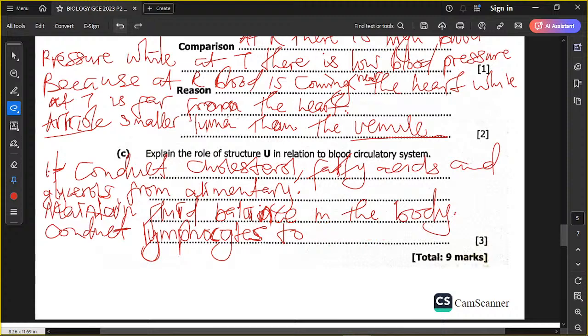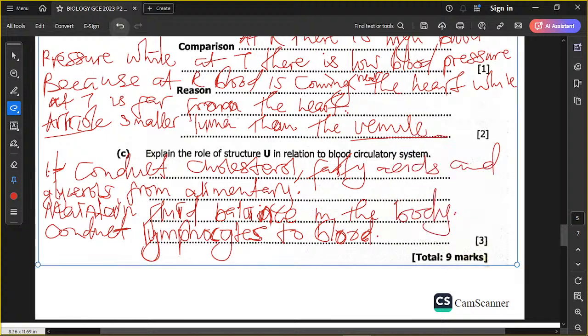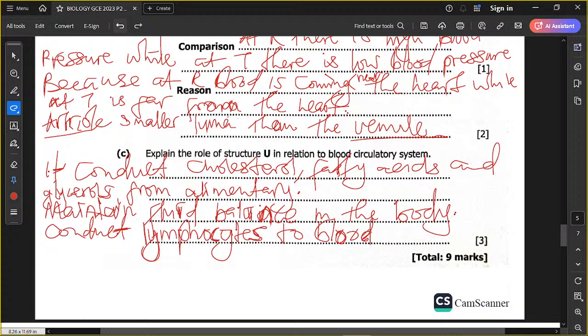Okay, so those are the 3 points that you can write. Those are the answers you can write for that question.